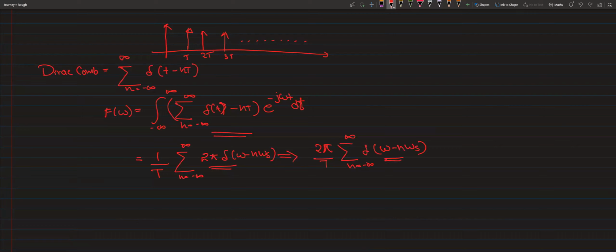This is the scaled version of the same thing. That's where the Fourier transform of a Dirac comb is again a Dirac comb. So that is the answer, answer number B.